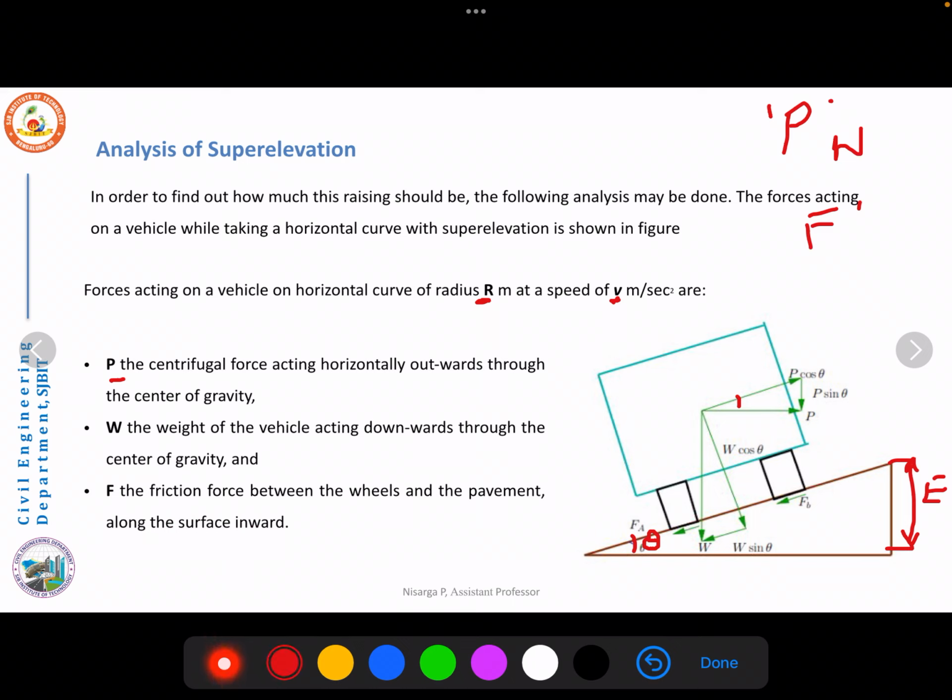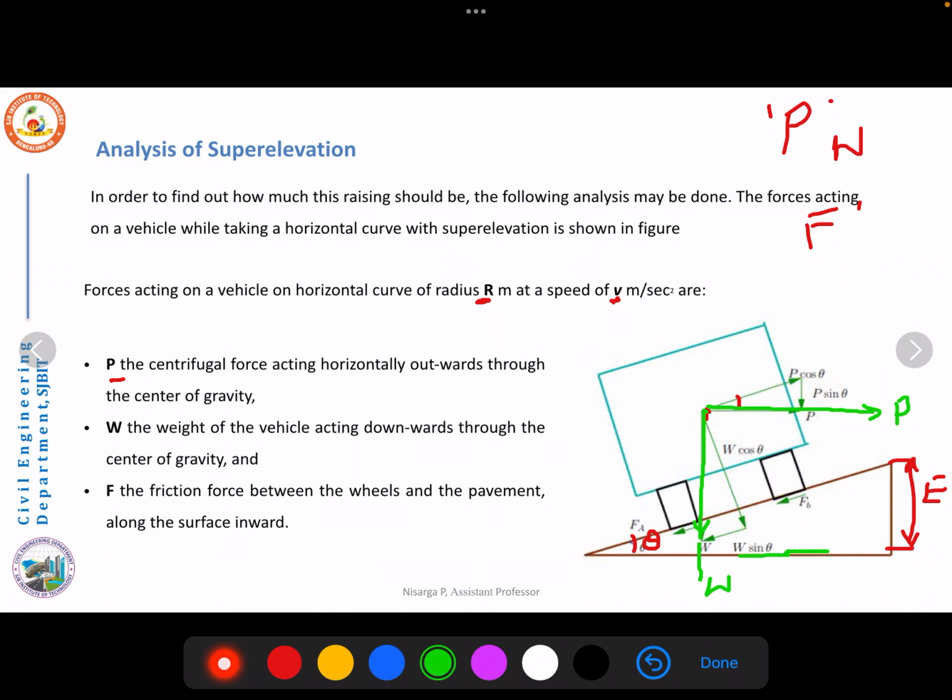Here you have to note that the weight component will act in a perpendicularly downward direction to the horizontal surface. So this is the horizontal surface. The original forces we have to consider act perpendicular to the horizontal surface, and similarly the centrifugal force will act in the perpendicularly outward direction with respect to the horizontal.